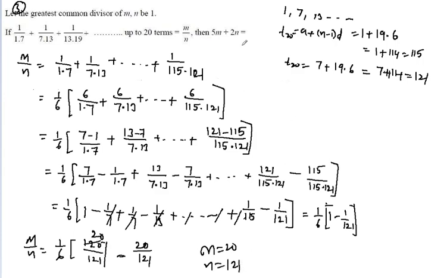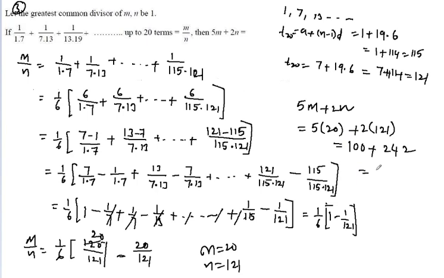Now we find the value of 5m + 2n, that is 5 × 20 + 2 × 121, 100 + 242, that is equal to 342. This is the answer. 342 is the answer. Next problem.